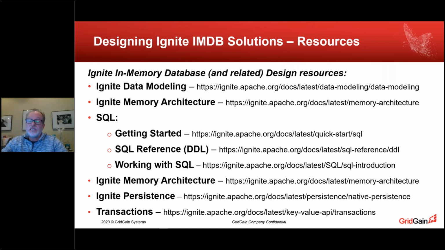If you're going down the SQL approach, getting started, the SQL reference, and working with SQL, these are all pages that are good to get a good handle on before you delve into these things. The memory architecture, I think, is important. Ignite persistence, because we are a database, knowing what the capabilities of Ignite persistence are is very important. And if you're getting into using an in-memory database and you want to make sure transactionality is there, with stable, consistent, atomic transactions, then you want to look at that page there.